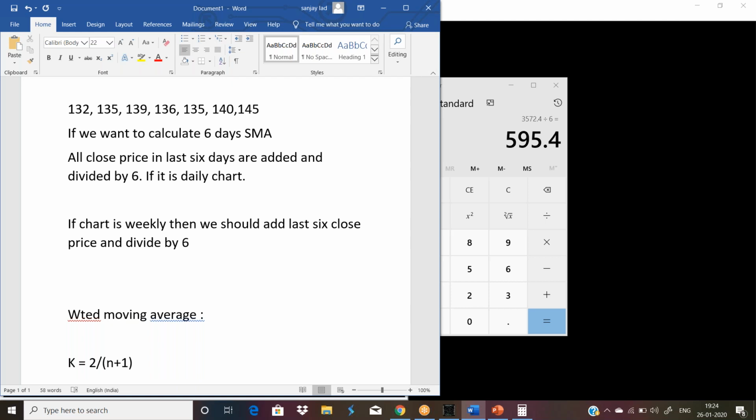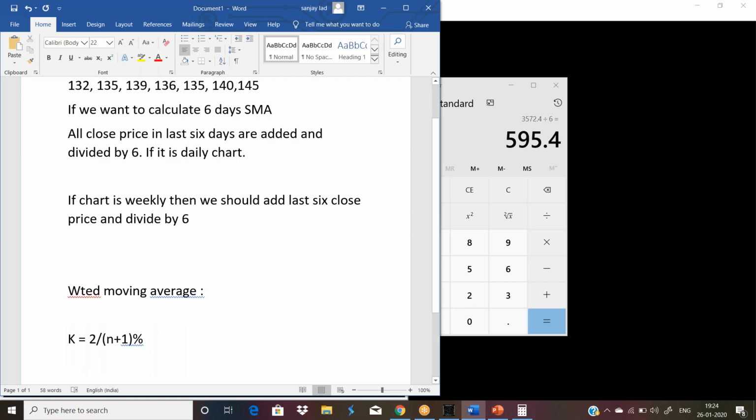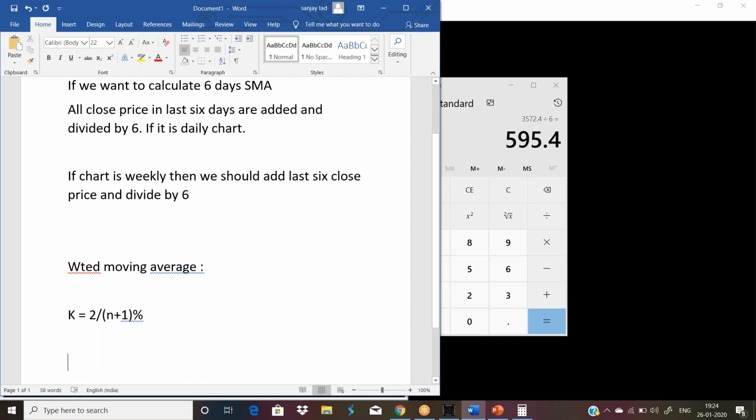This much percentage weightage is given to each value. Now if you want to calculate for 6, then it will be something like 18%. So this much percentage is always given.